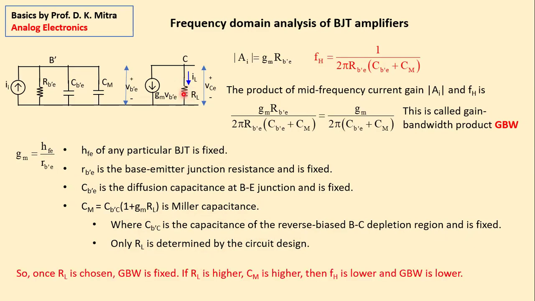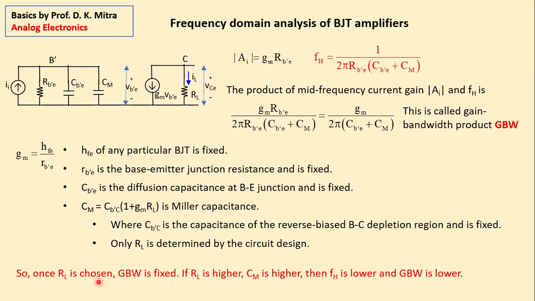That means once the load resistance is chosen, besides the load resistor, everything is fixed. So you cannot alter anything in the gain bandwidth product. Once you have used the transistor in an amplifier and you have decided the RL, then the gain bandwidth product of that amplifier is fixed.